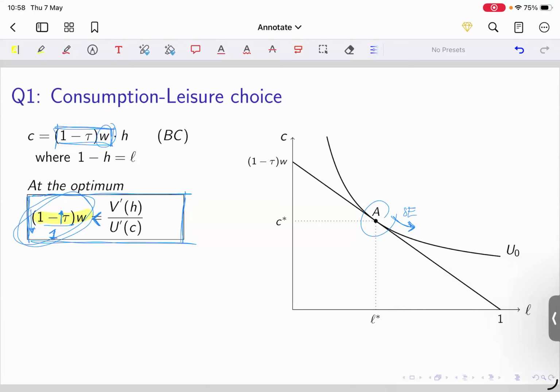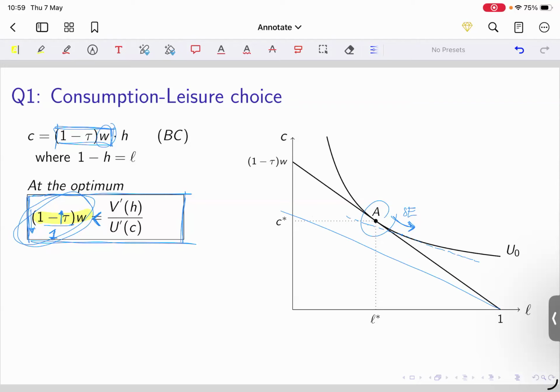I want to find on this original indifference curve the point that has a tangent line with slope exactly equal to my new budget line. Say my new budget line looks like this. Flatter.